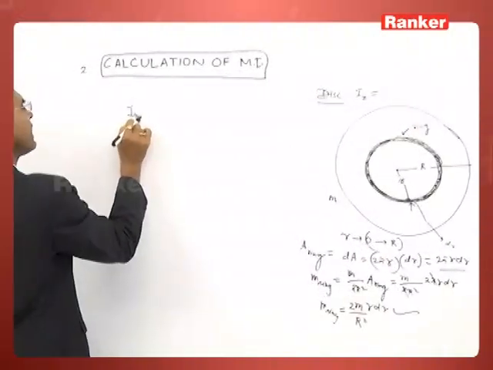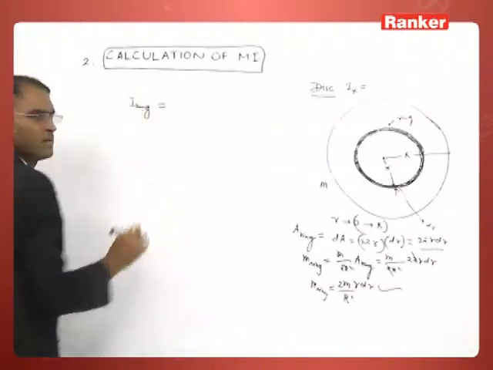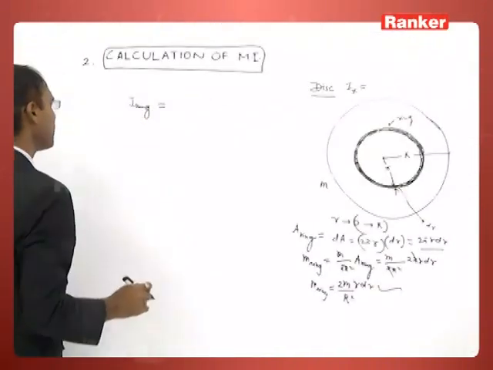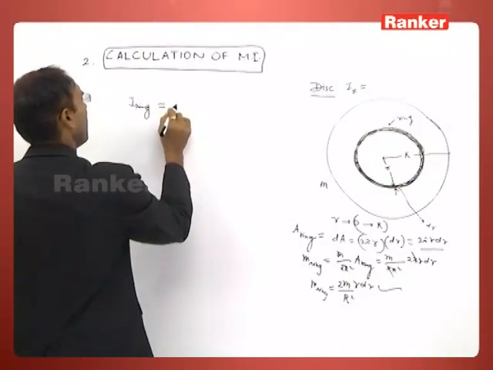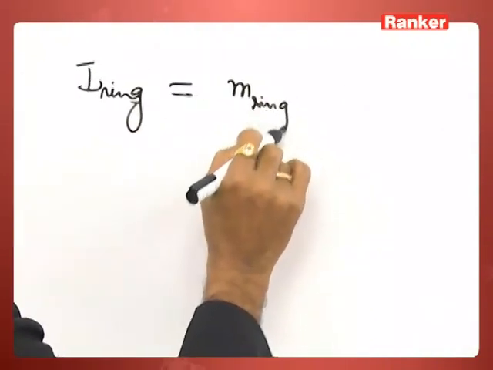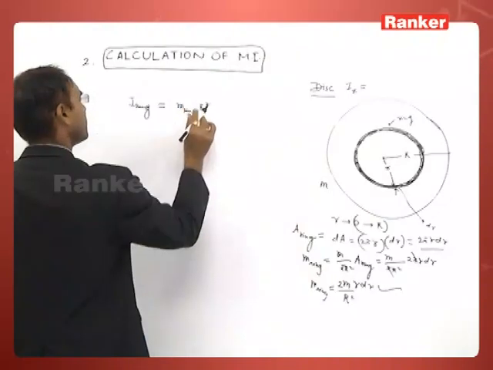The moment of inertia of the ring, we have recently calculated as the mass of the ring into the square of the radius of the ring.